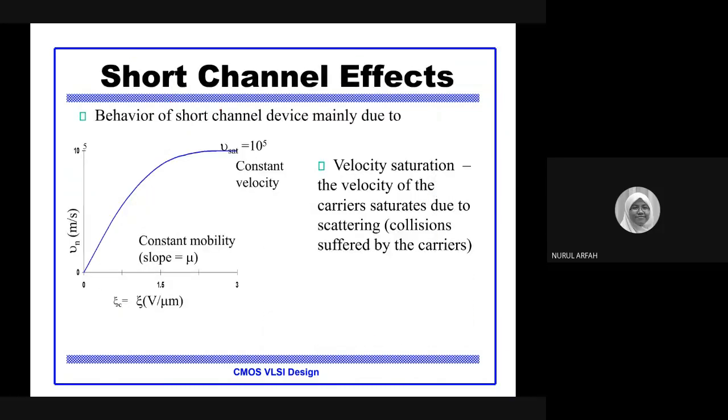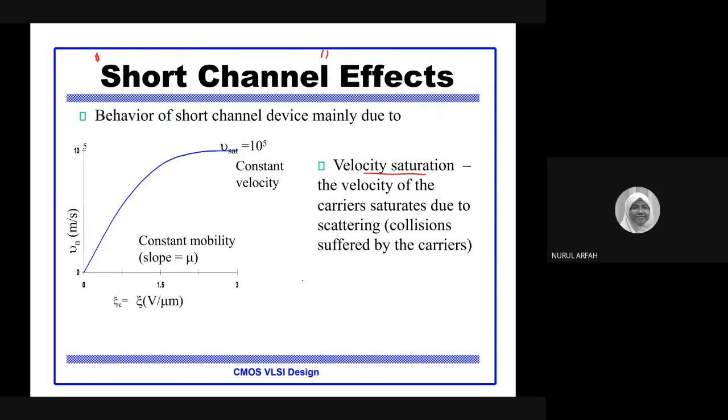All right, and then we go to the short channel effect. For the short channel effects, the behavior of this short channel device is mainly due to, one of it, the velocity saturation. But before that, maybe we explain the difference between long channel and short channel.